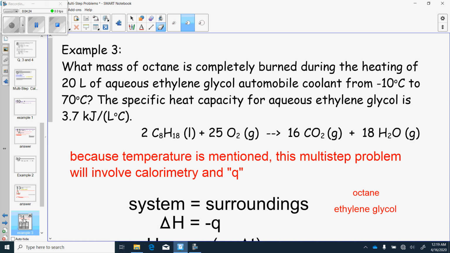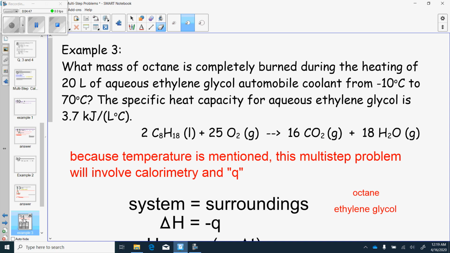But in this particular case, instead of a calorimeter with water in it, we have a car engine and we've got some coolant in it, and the coolant is ethylene glycol. So ethylene glycol is going to be our liquid, our surroundings. And what chemical are we putting into that ethylene glycol? We're putting in octane. So octane is our chemical, our system, and ethylene glycol is our surroundings.